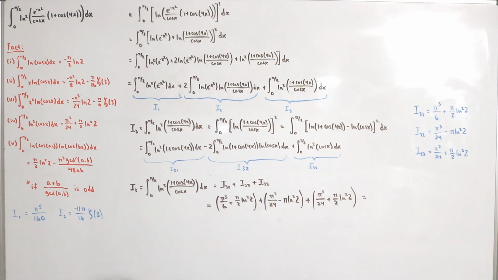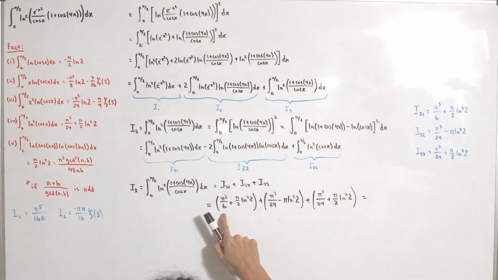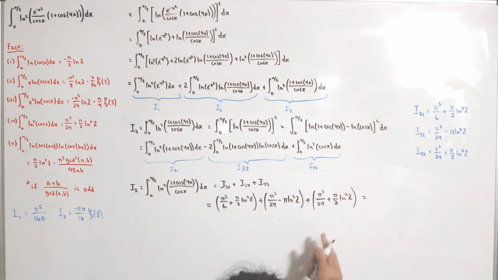So if we simplify this out, pi over 2 plus pi over 2 is pi ln squared 2, and then minus that, so that term cancels. So we only have these two terms to focus on. Let's get a common denominator, which is 24.